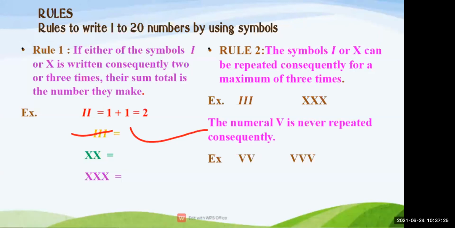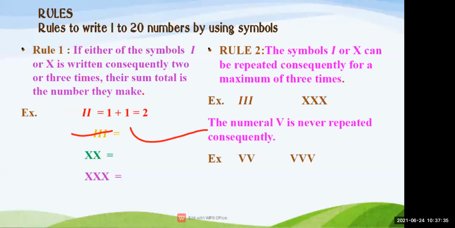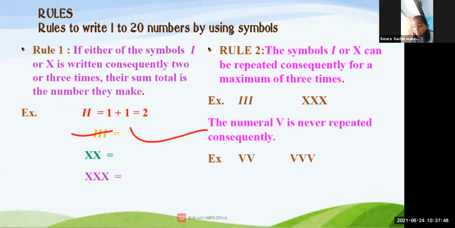So how will you add? X into 10 we will add 20, it will become 30. This way you are going to add it. You are going to add like this: 10 plus 10 plus 10 equal to 30. Is it clear? Yes, ma'am.